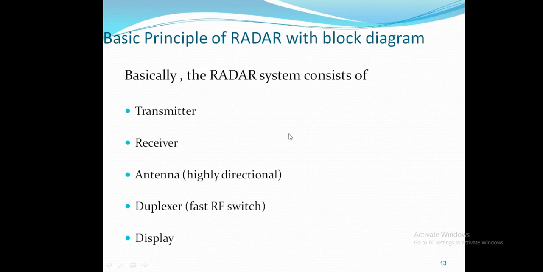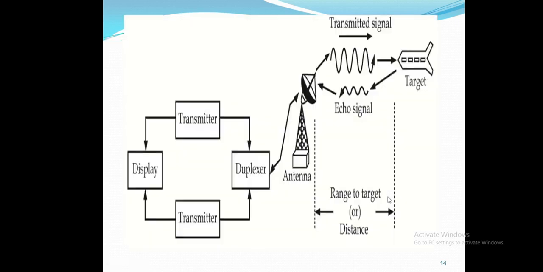The basic radar system consists of a transmitter, receiver, antenna, that means a highly directional antenna, duplexer, a fast RF switch we use here, and display device.